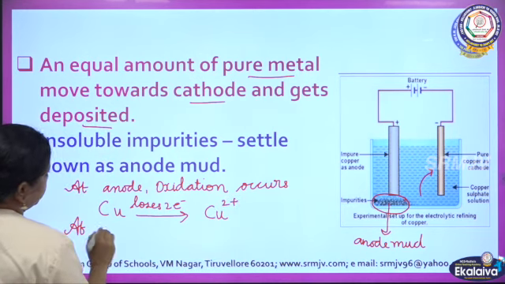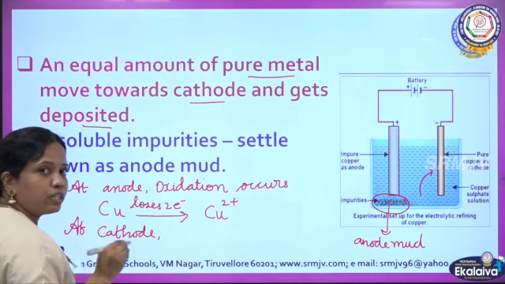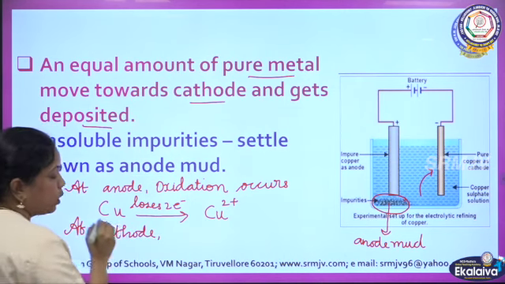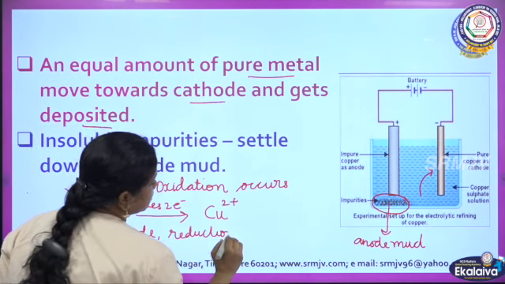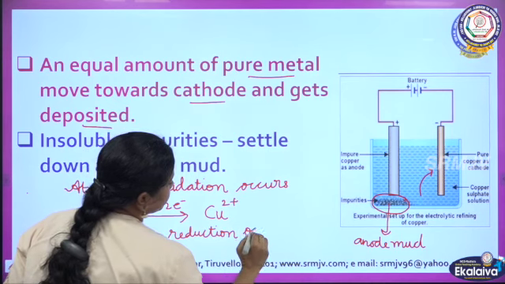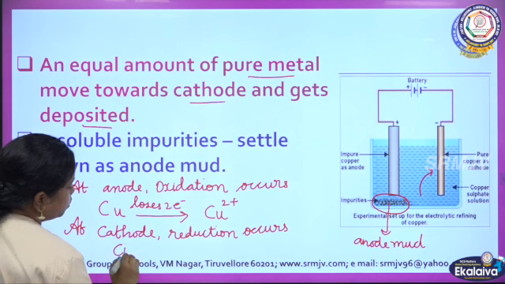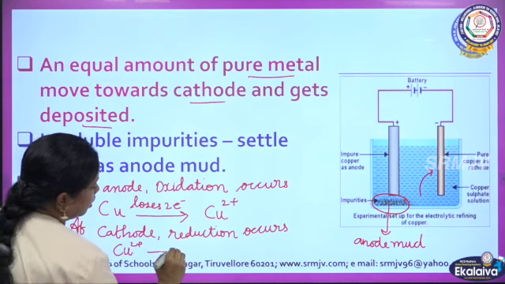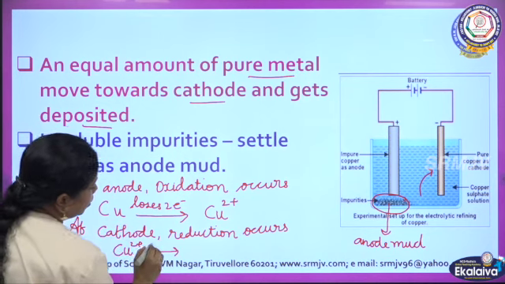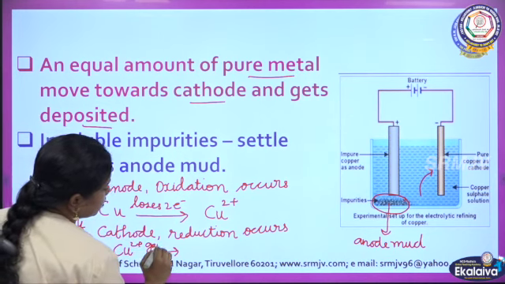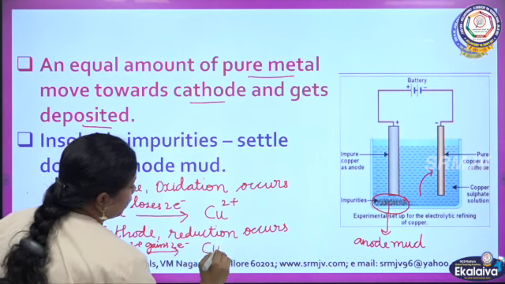At the cathode, reduction occurs, red cat. So Cu2 plus ions accept or gain 2 electrons to form a copper atom.